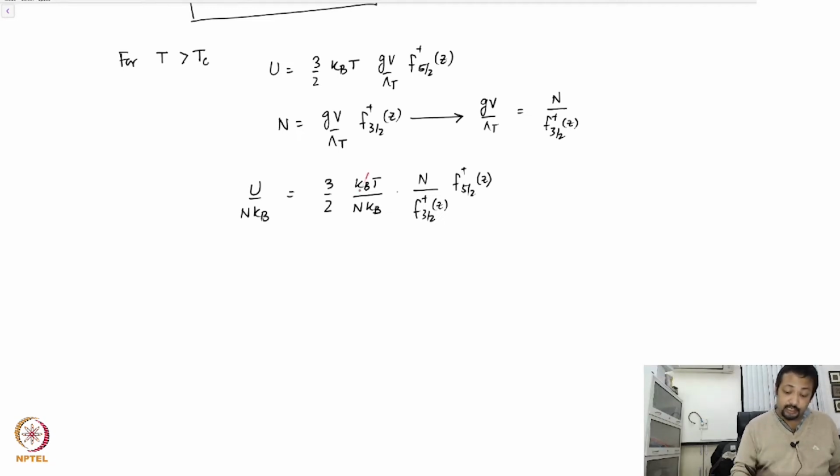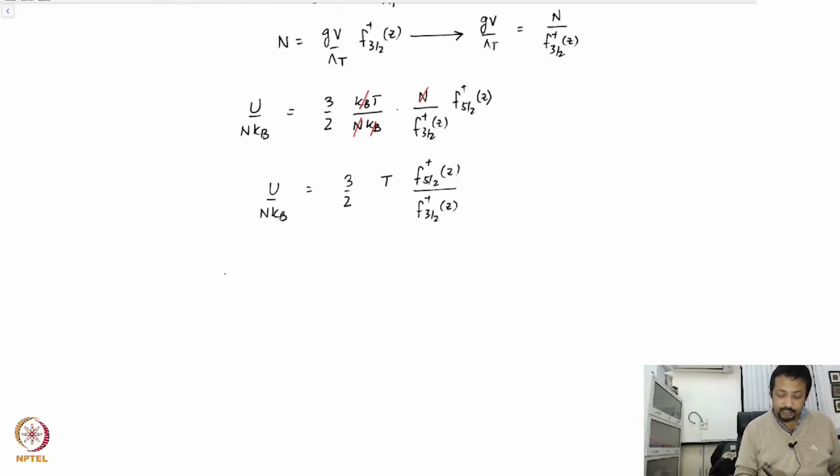A lot of things cancel out: kB cancels out, n cancels out, and I have U over nkB, which is going to be (3/2) T F plus (5/2)Z divided by F plus (3/2)Z.